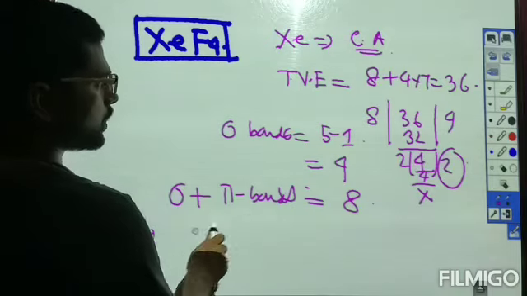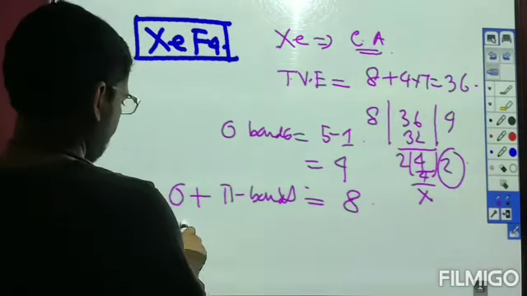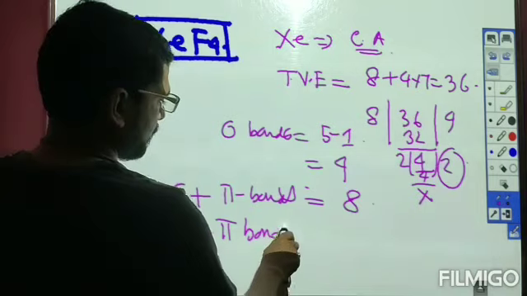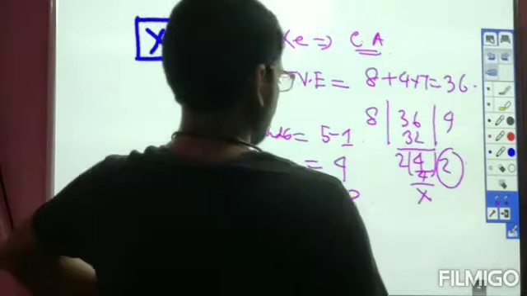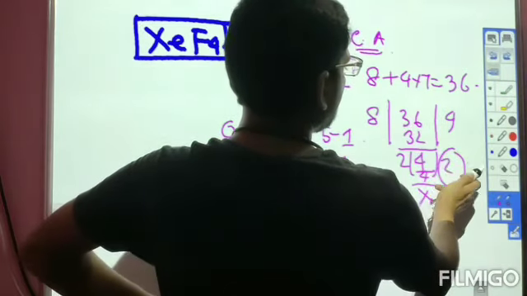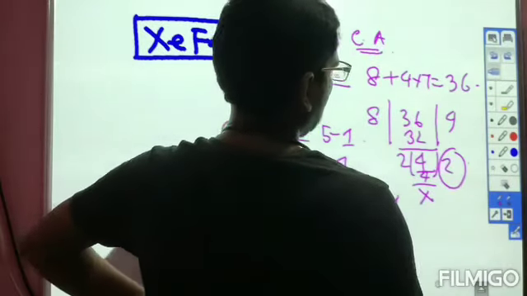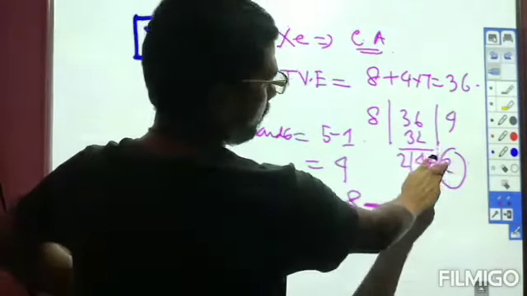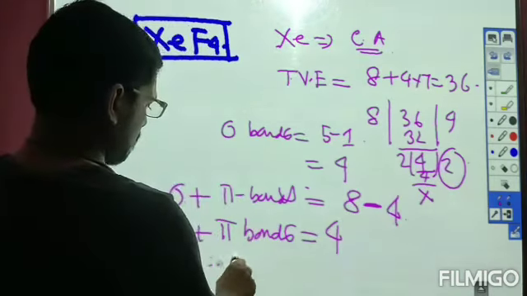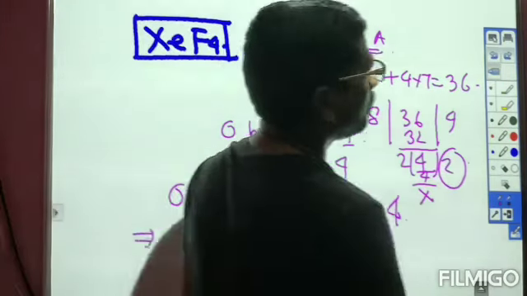So sigma 4 plus pi bonds equal to 8 minus lone pair of electron. 8 minus lone pair of electron means 4 lone pair of electron, 2 lone pair means 4 lone pair of electron. So pi bonds equal to 0. There is no pi bond. So done.